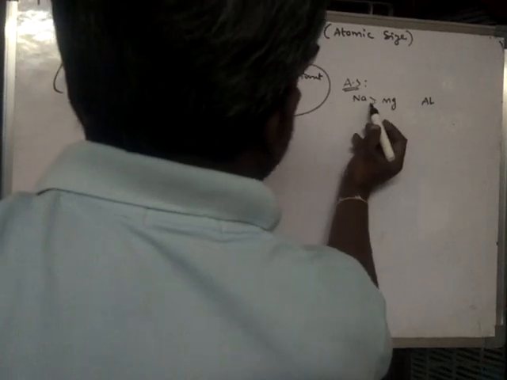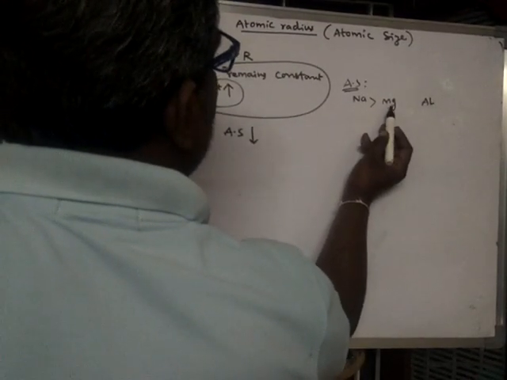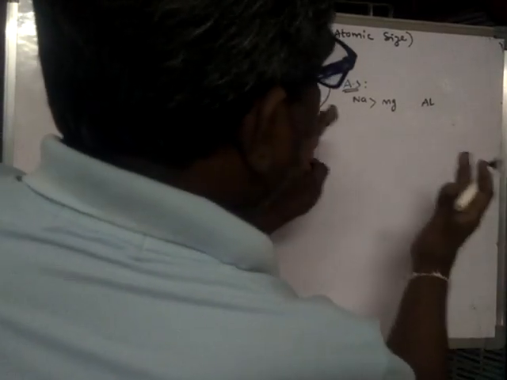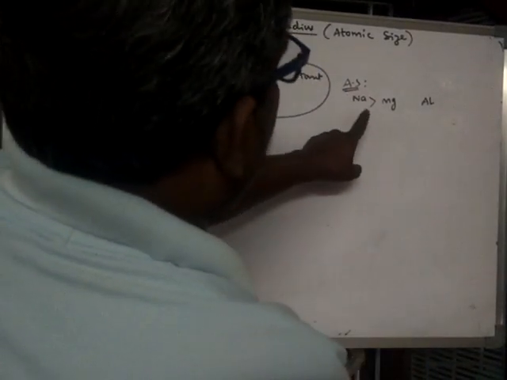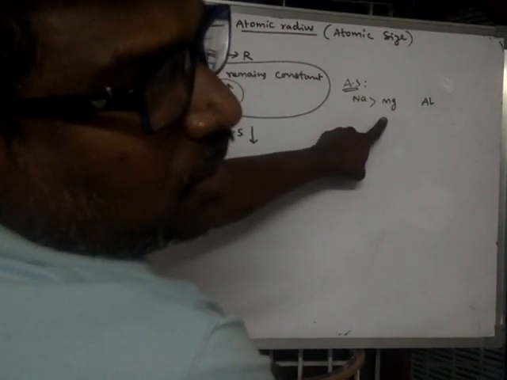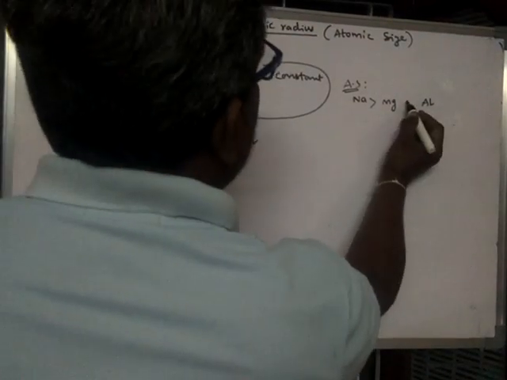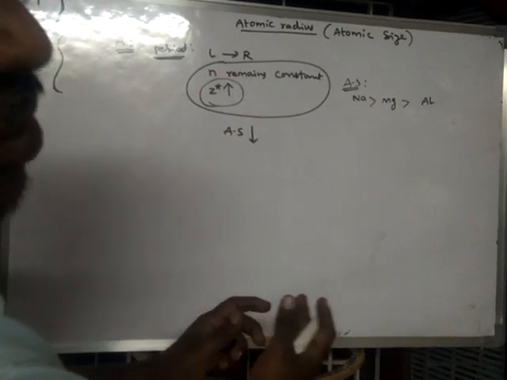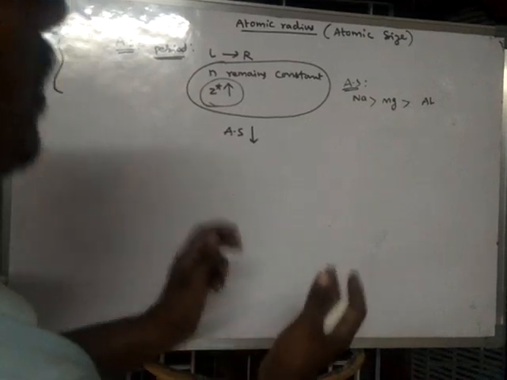So sodium is a large atom when compared to magnesium, because magnesium has a more powerful nucleus. Therefore it tries to pull all the electrons towards the center. When compared to sodium, magnesium's nucleus pulls all the electrons much closer towards its center. When compared to magnesium, aluminum pulls all the electrons still closer towards its center.